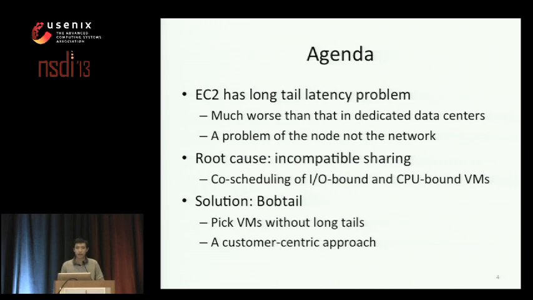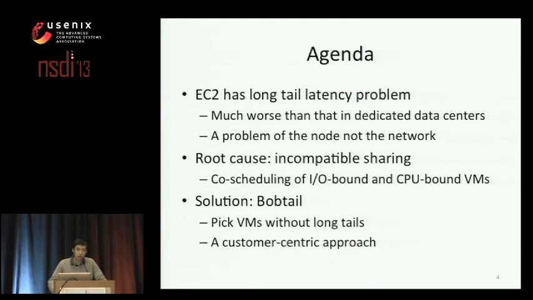Intuition tells us that the primary cause of the long tail latency in those dedicated data centers is network congestion. And the talk given by the first speaker in this session again confirmed that intuition. However, in this talk, I'll show you that in Amazon's EC2, for the problem we studied, it actually is a property of nodes, not the network.